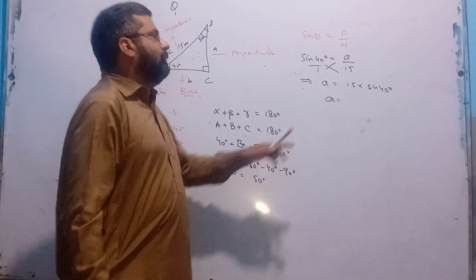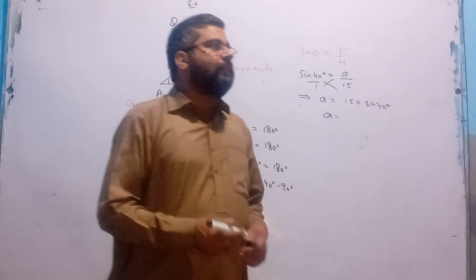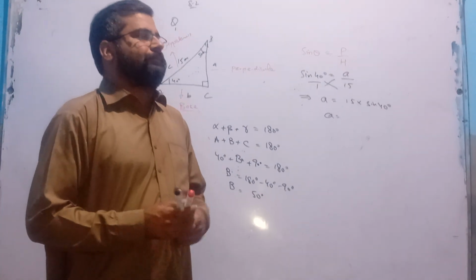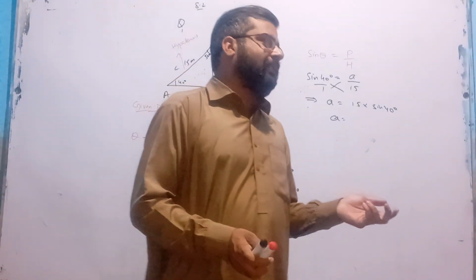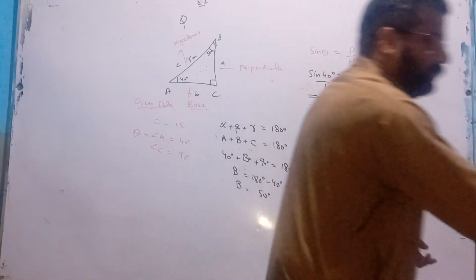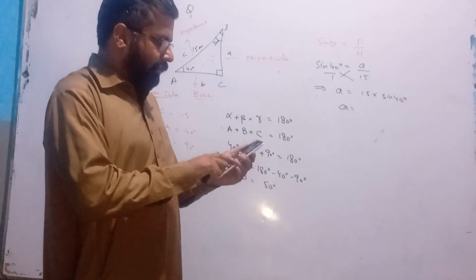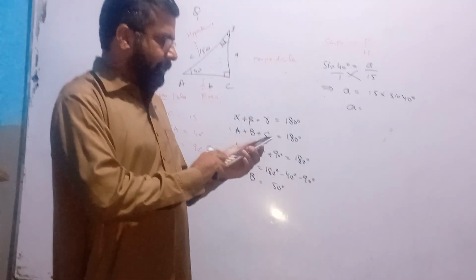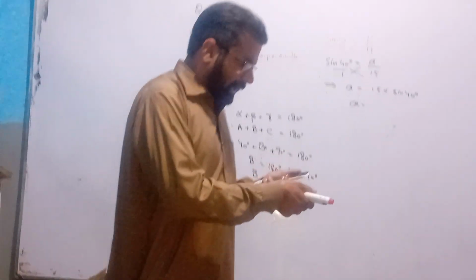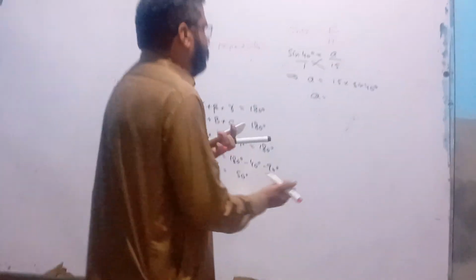You have to solve using a calculator. So here sin 40 multiplied by 15 gives us 9.64.